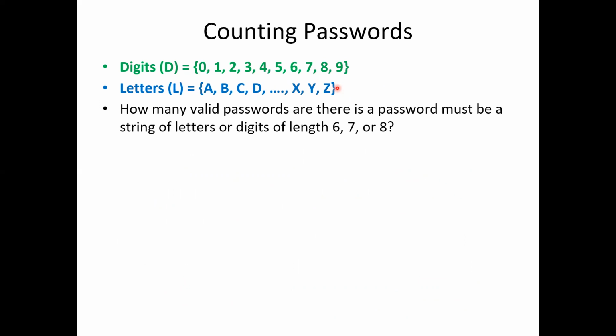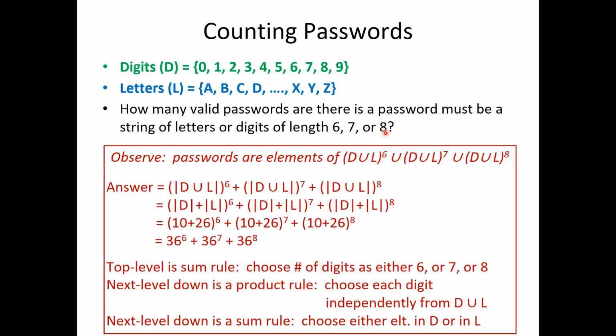So you have 3 possibilities. You know how to count each of them once you make that decision. And they will be all distinct, because a 6-character password is never the same as a 7-character password, and is never the same as an 8-character password. So these sets are distinct.